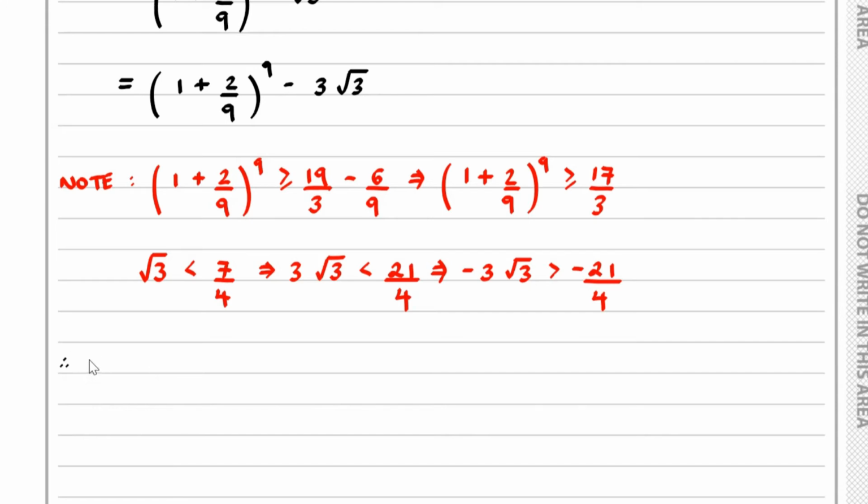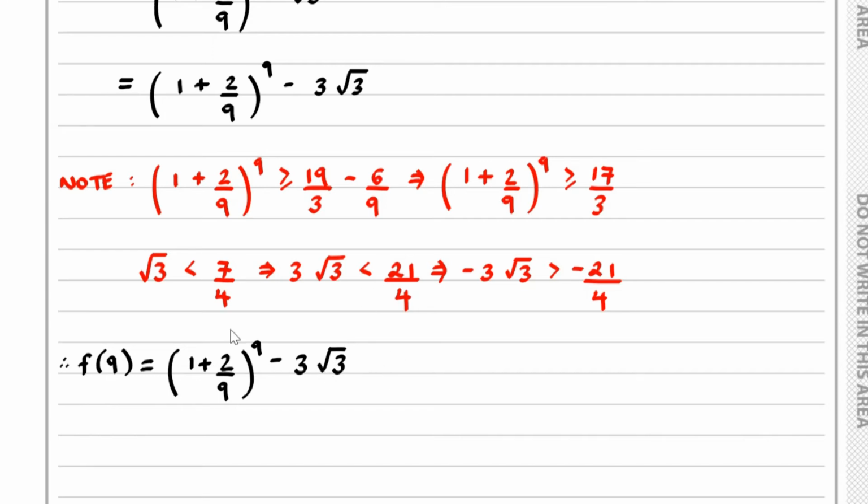we have f of 9, which we know is equal to 1 plus 2 over 9 to the 9 subtract 3 root 3.